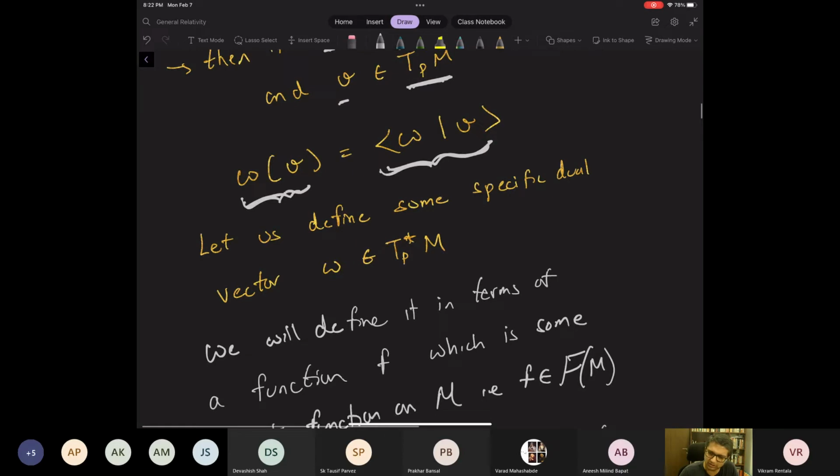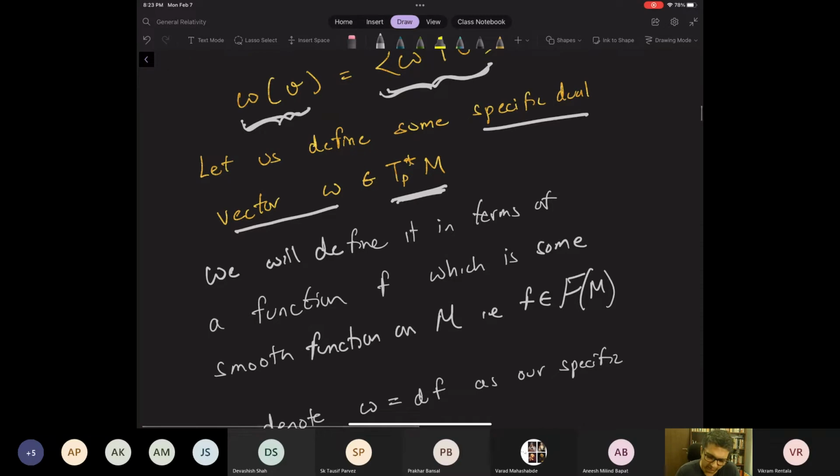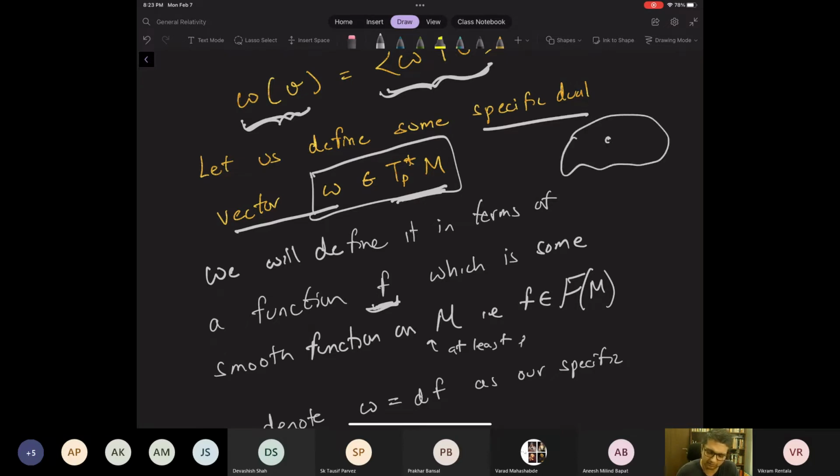Now what we can do is define a specific dual vector W on TP star M. We'll define it in terms of a function f. We want to choose a W, some vector from this dual vector space, and give it a label based on a function f, which is some smooth function on M, or at least at the point P. So there's some function from this manifold to real numbers, and this f is a smooth function.